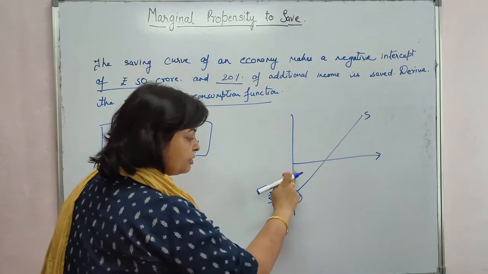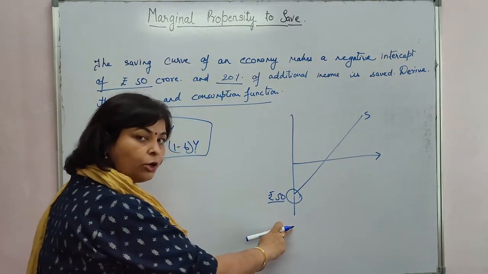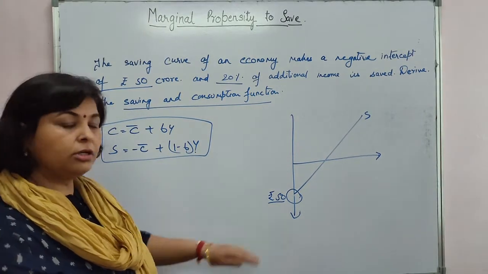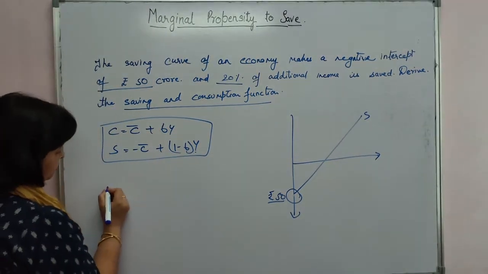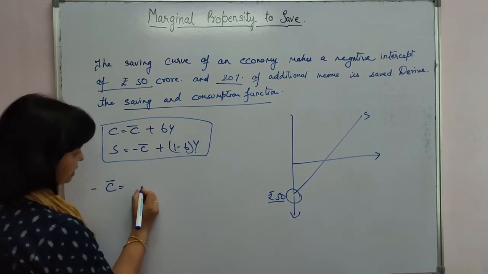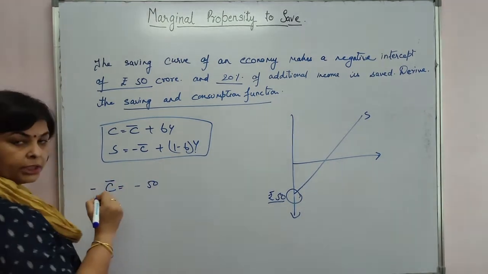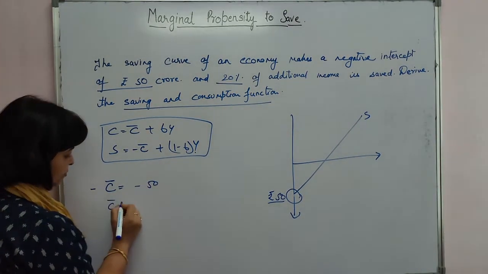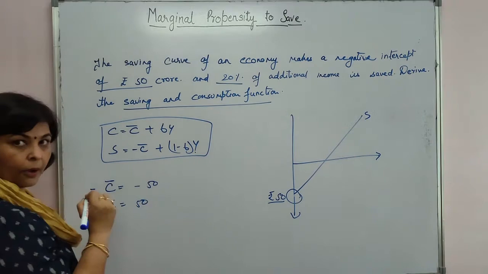The negative intercept is on the negative side of the y-axis, so that is why it is the autonomous saving. Minus C bar is given as minus 50, as given in the question. So in the same way, C bar will be 50.